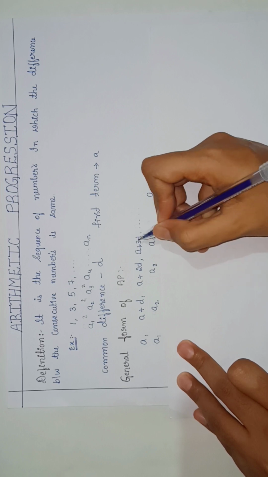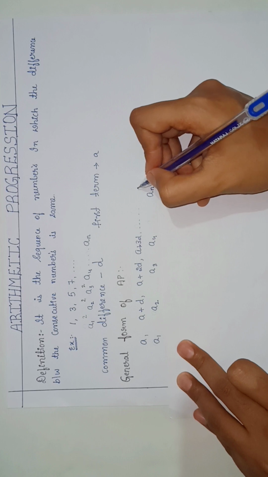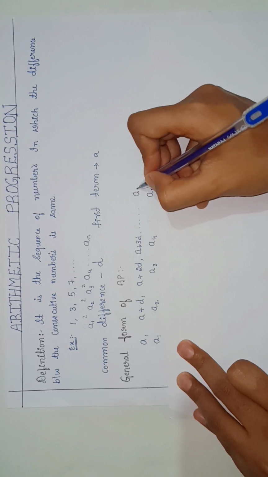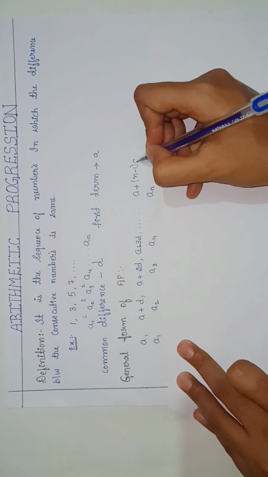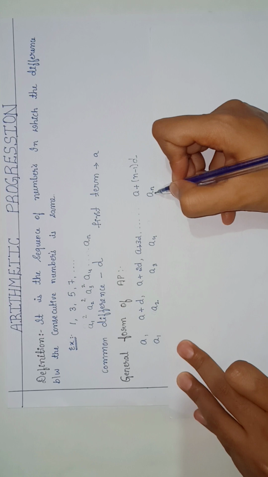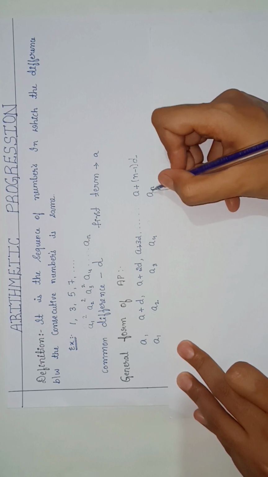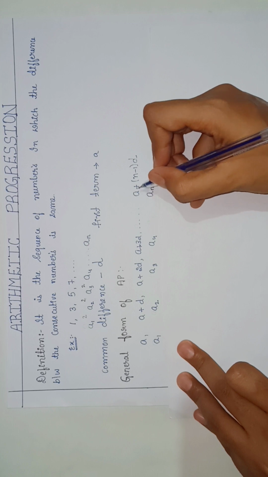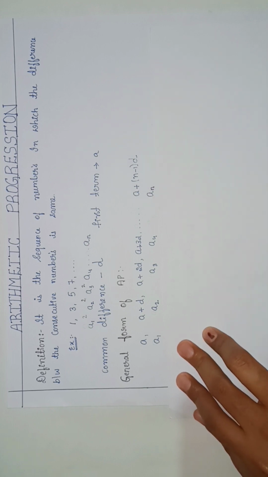That is 1 less than n, so n minus 1. So a plus n minus 1 into d. This is the next concept of your chapter, that is the nth term. The nth term is equal to a plus n minus 1 times d.